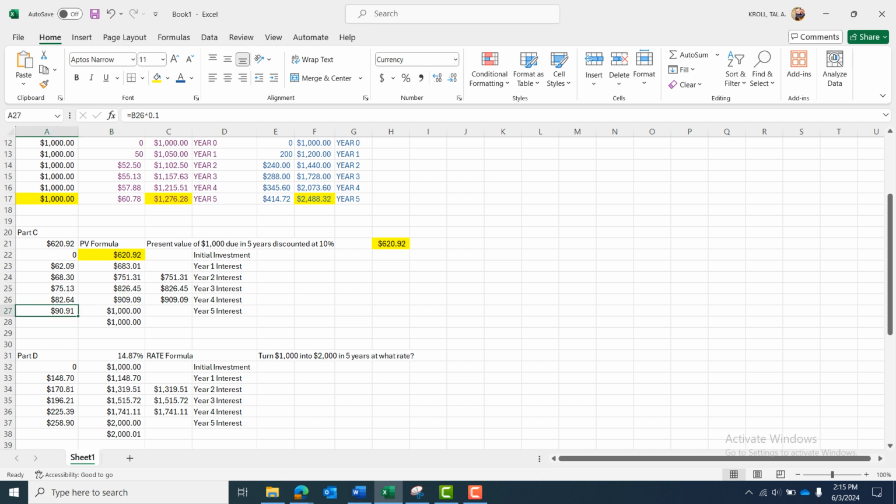So I just had to keep going up this list to come up with the 826. I took that number that was here, and I divided it by 110%. That's how I got this year before investment amount. Again, I had to figure out the 620 manually, because what I knew is I wanted my total investment to equal $1,000, and I knew it was a 10% rate.